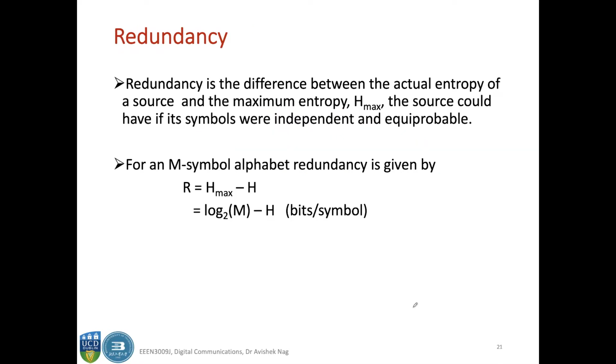So now moving on, let's check into another concept called redundancy. Redundancy is basically the difference between the actual entropy of a source and the maximum entropy, H max, the source could have if its symbols were independent and equiprobable.